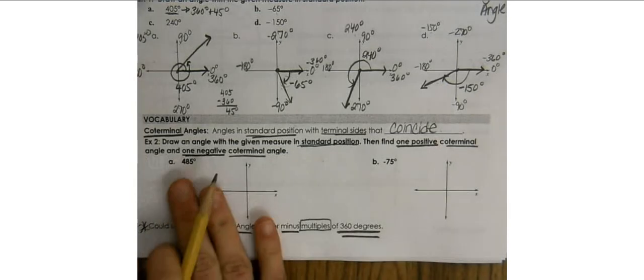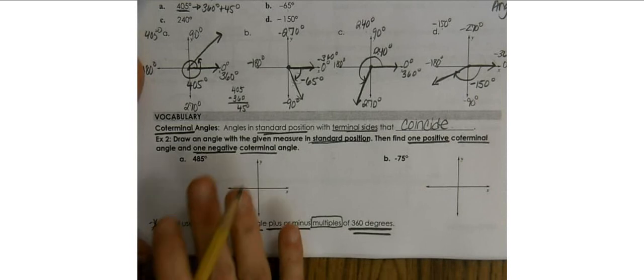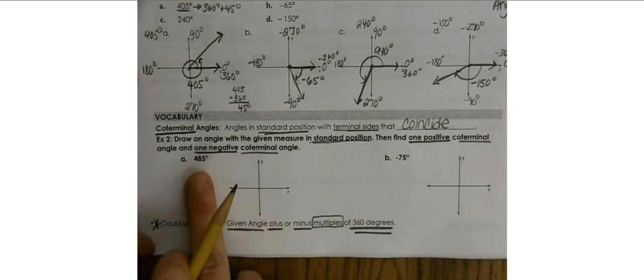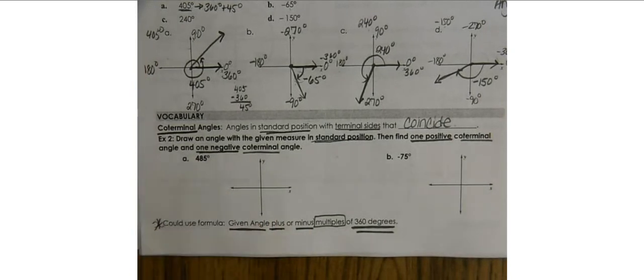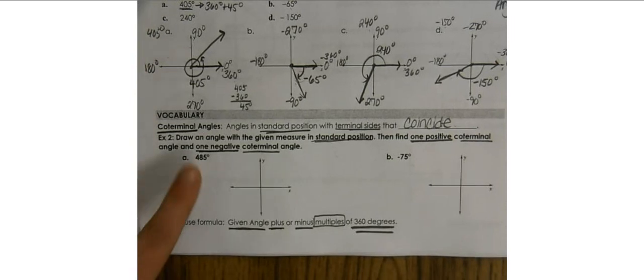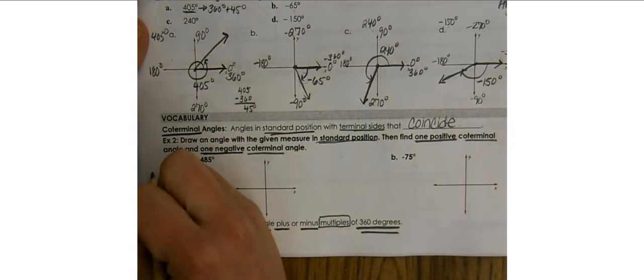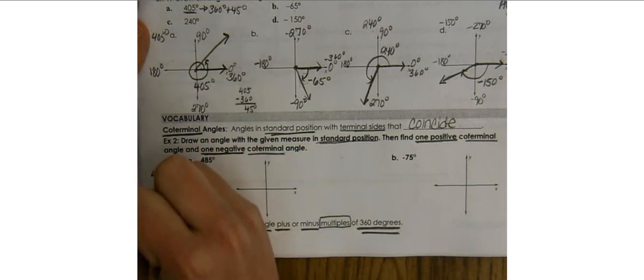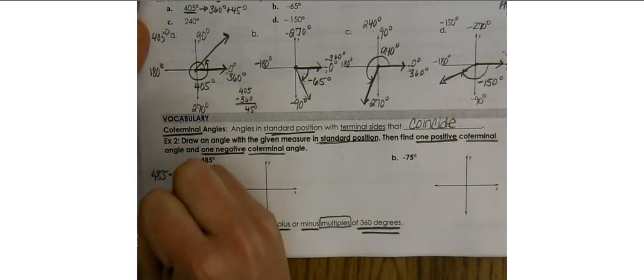So for letter A, let's first go ahead and start off by graphing 485 degrees. Well, 485 degrees is clearly a lot bigger than 360. So let's figure out how much bigger 485 degrees is than 360. So I'm going to take 485 and subtract 360 from it.